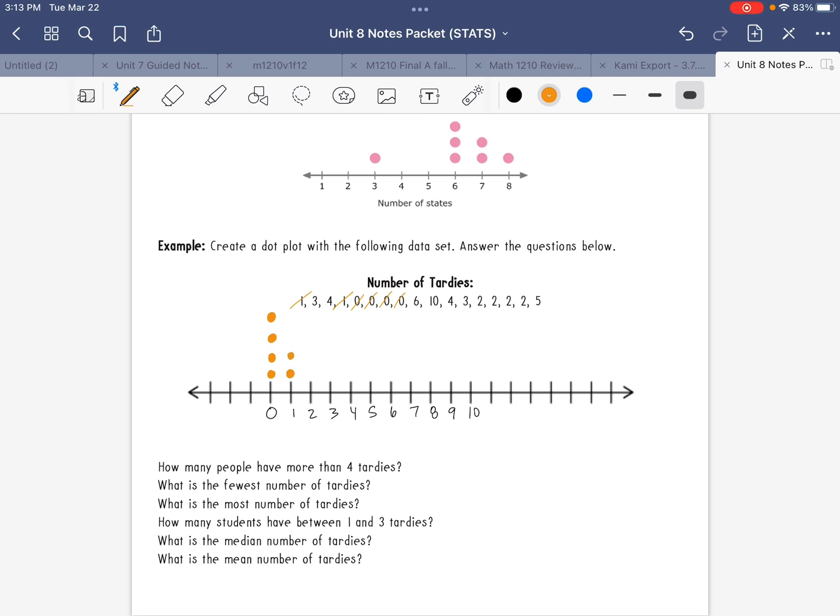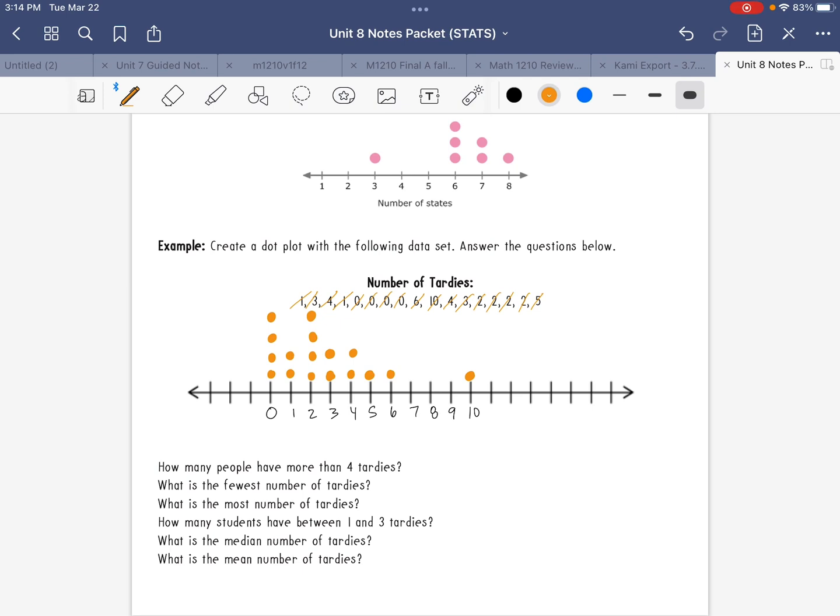So we put 2 dots. 2, we come across 1, 2, 3, 4 times. 3, we get once, twice. 4, we get once, twice. 5, we get once. 6, we get once. And 10, we get once.